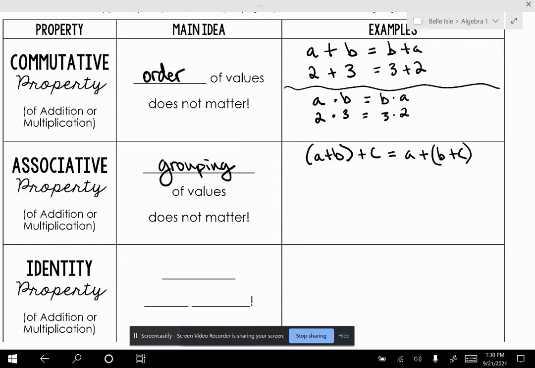Doesn't matter how you group the different values together. They will equal the same. So 2 plus 3 plus 4 equals the same as 2 plus, and then in parentheses, 3 plus 4.